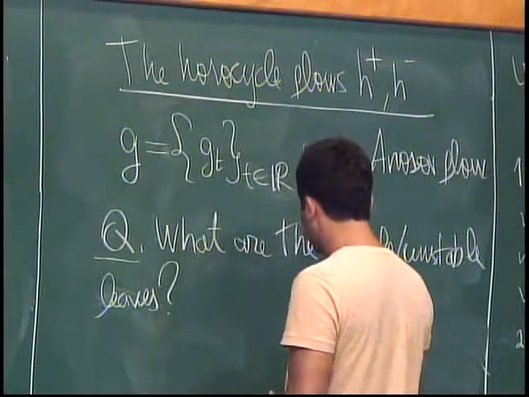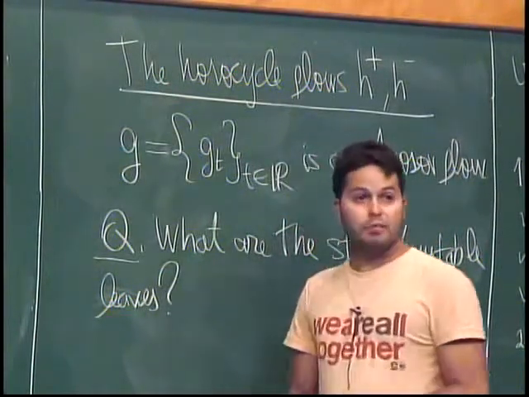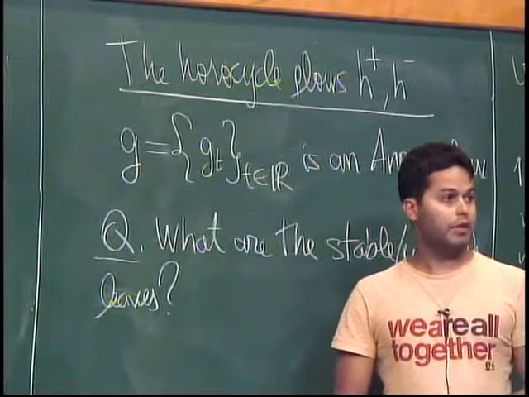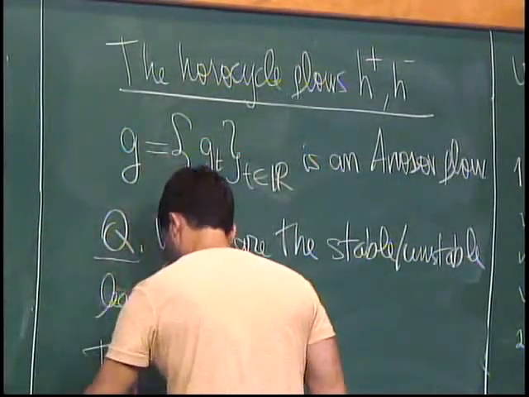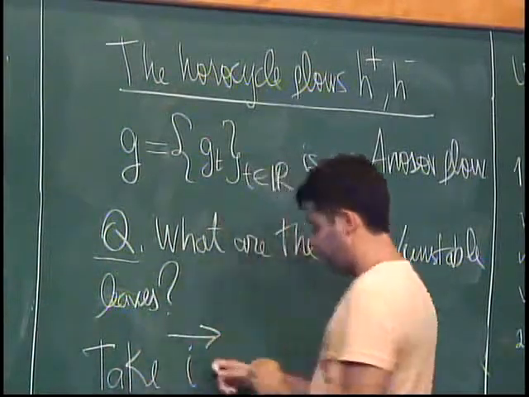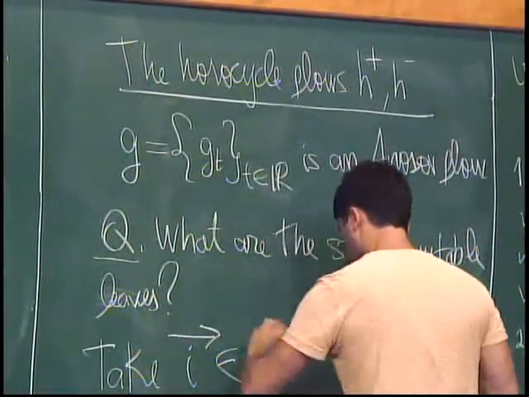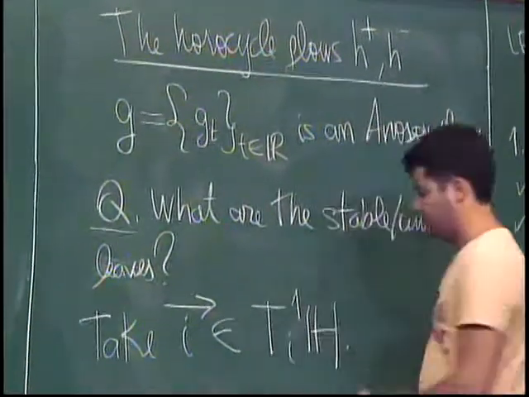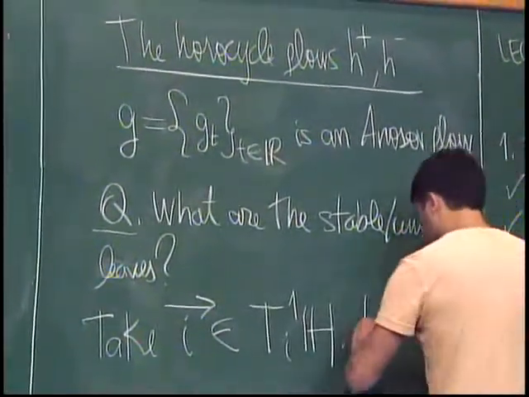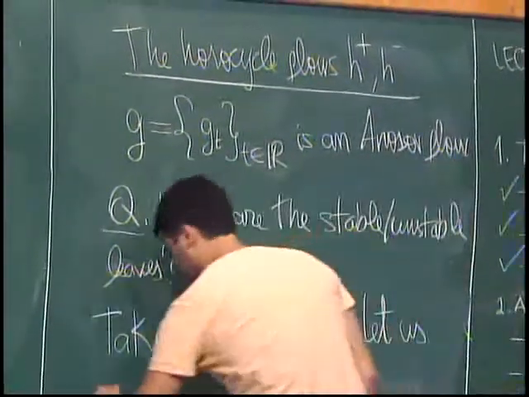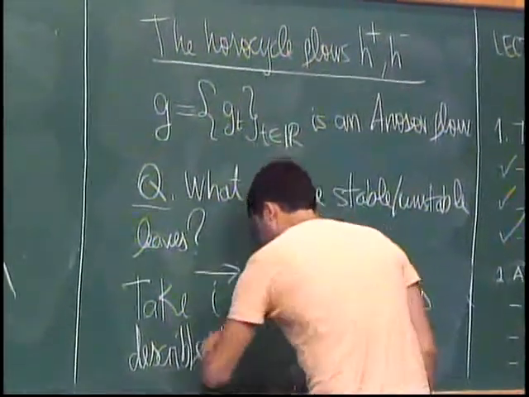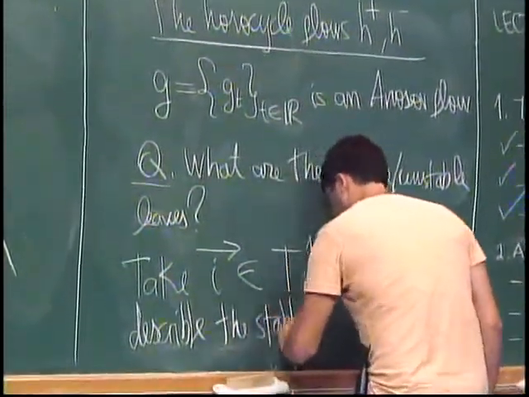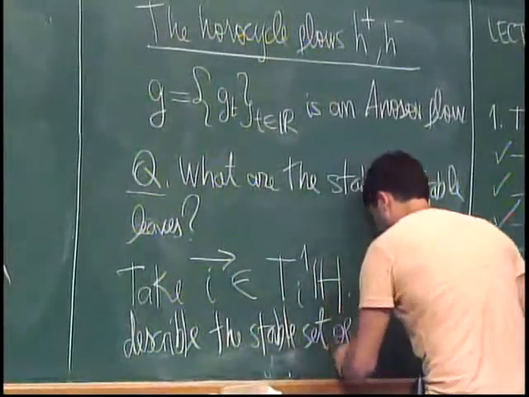So to describe them to you, again, let's pick a special vector and try to check what happens with this vector. So the vector that we are picking is no longer here, but is the vector i, the unit vertical vector at the point i. Okay? So let us describe the stable set of this guy i.